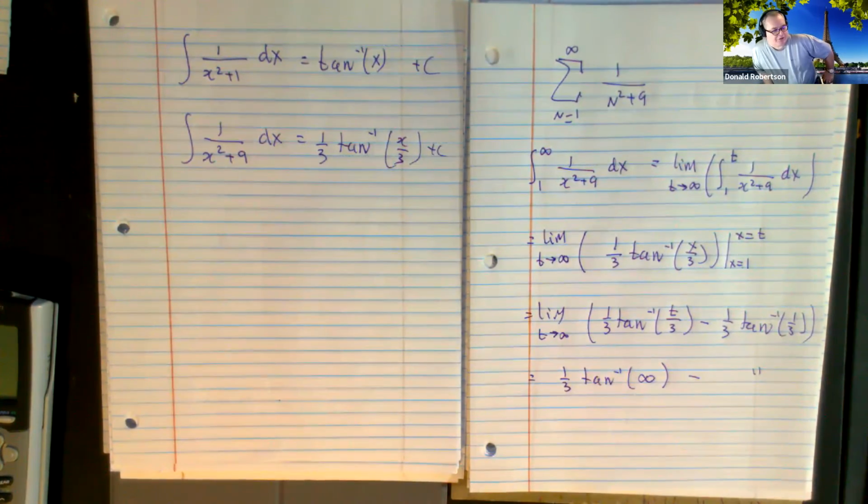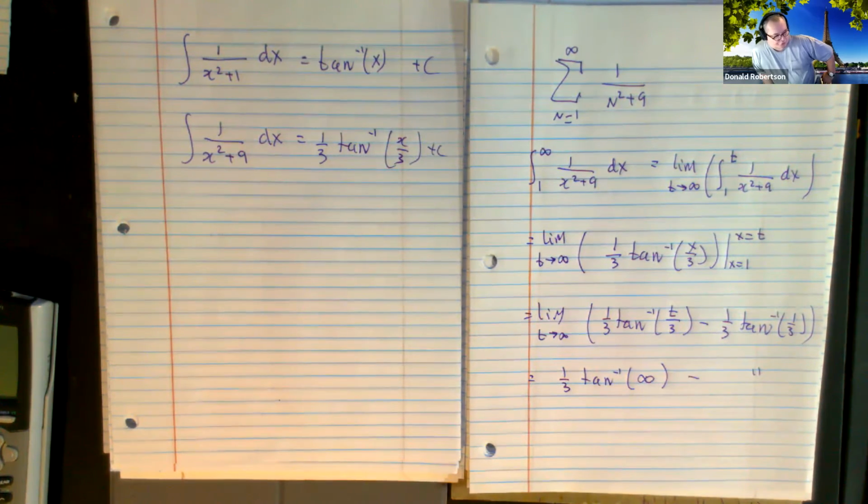Now, be really, really careful here, because there's a lot of temptation to think that this is infinite, because most things tend to be infinite, right? Square root of infinity is infinity, infinity cubed is infinity, things like that. But the inverse tan of infinity is in fact a number.